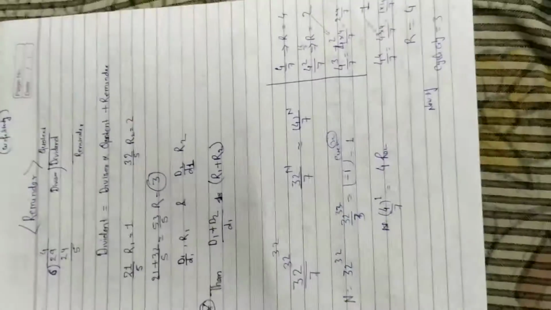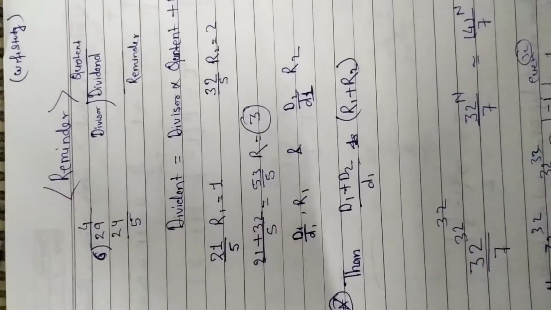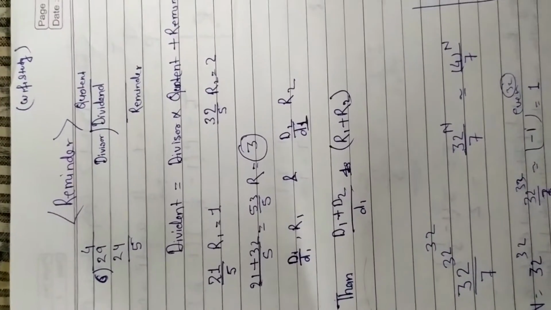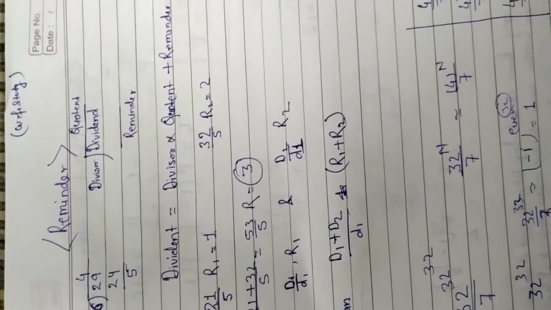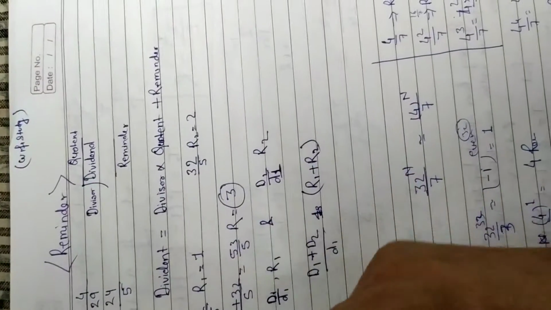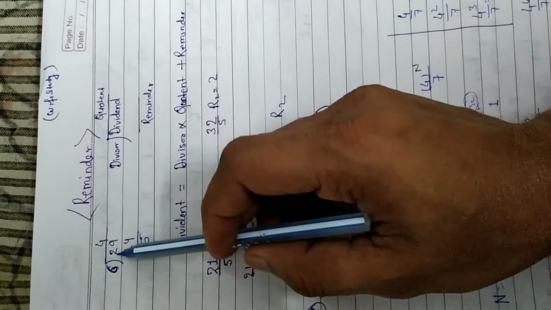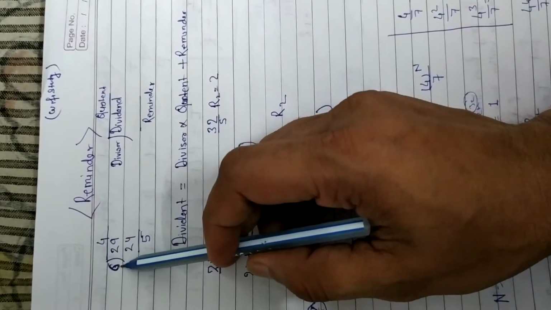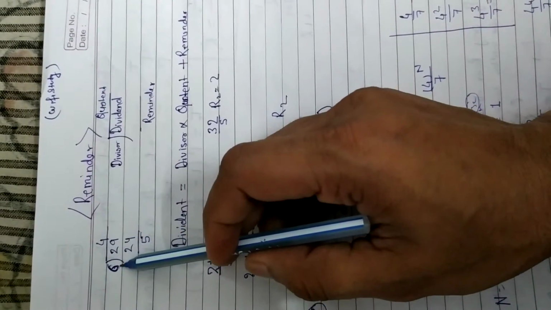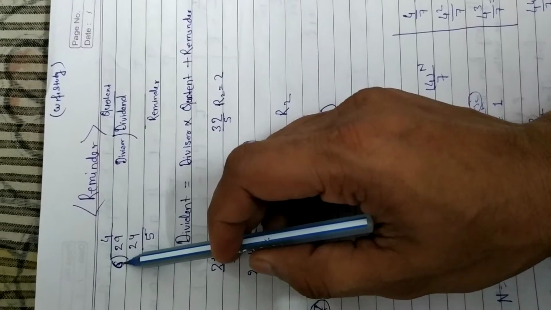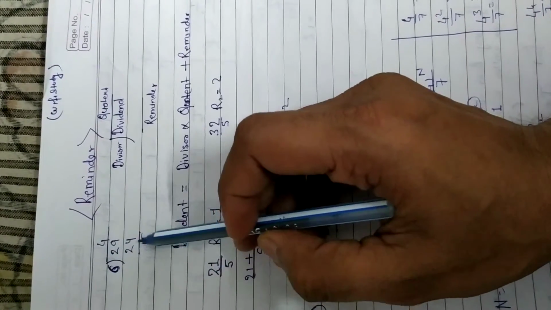So let's start. First, you will understand how to solve any division. Let me take an example: 29 divided by 6. It means we divide 29 by 6, so we take 6 4s are 24.